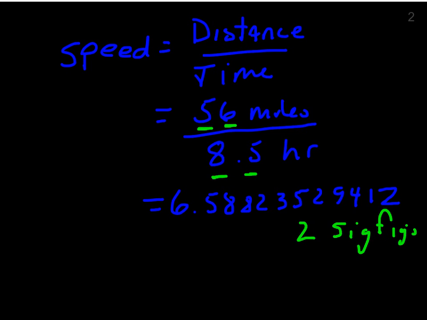Rounding it off to 2 sig figs means I'm going to round it off somewhere right there. The answer then becomes 6. The 8 rounding makes the 5 a 6, so I get 6.6 miles per hour as my answer. 2 sig figs. Alright? I'm not changing the magnitude of the number. What I'm doing when I round is I'm just changing how precise it is.